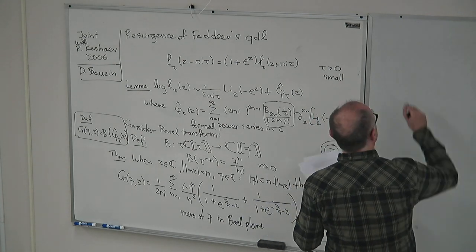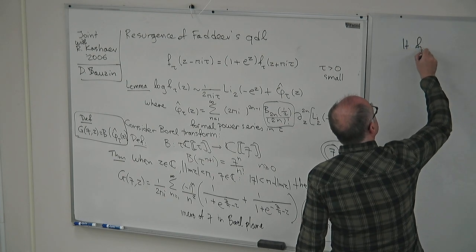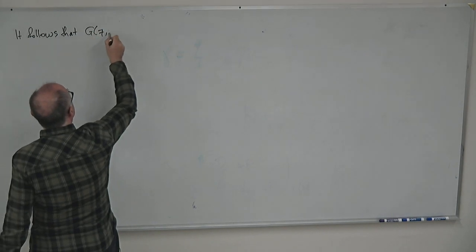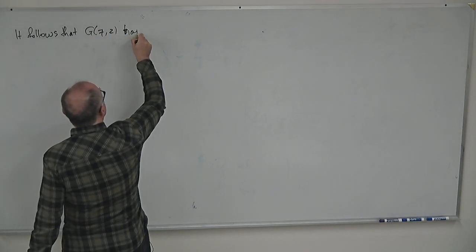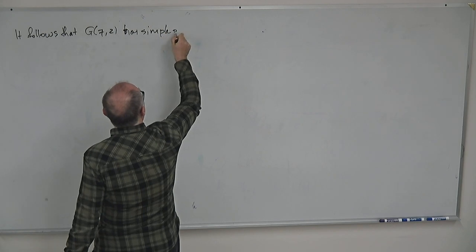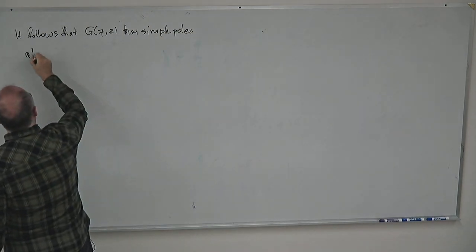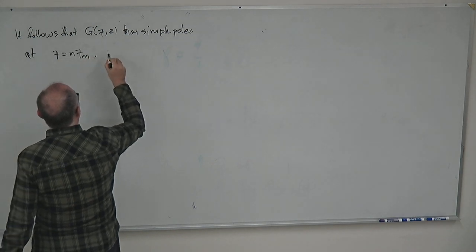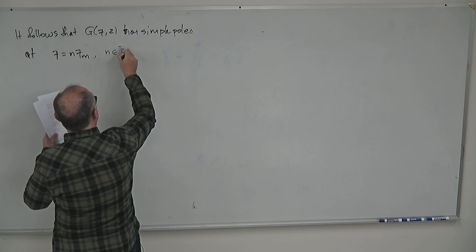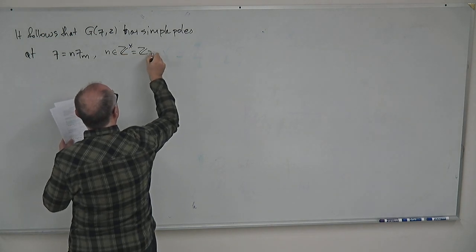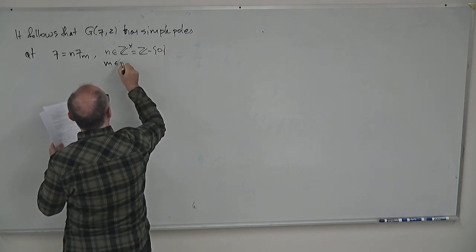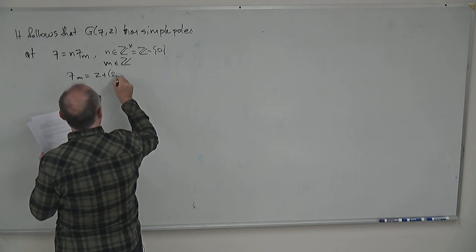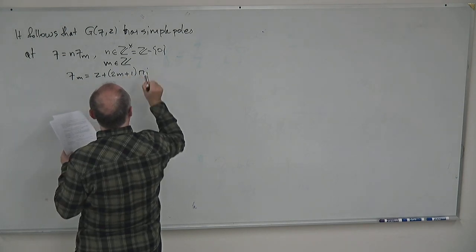In particular, it follows that this function has simple poles at psi equals n psi_m, when n is a non-zero integer and m is an integer, and psi_m is z plus 2m plus 1 times pi i.